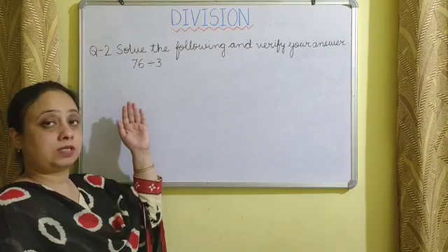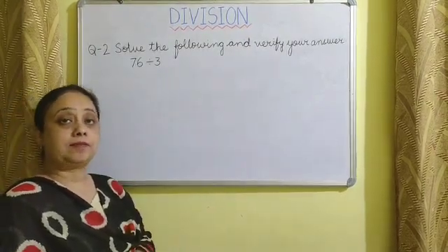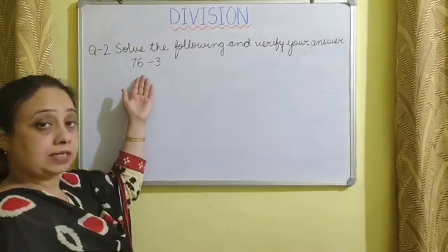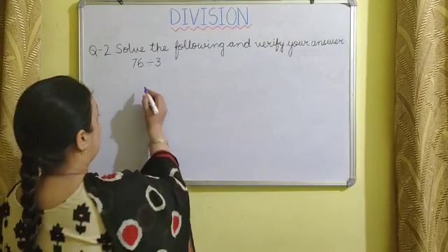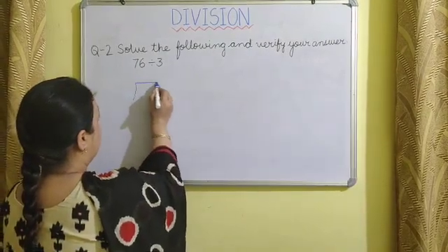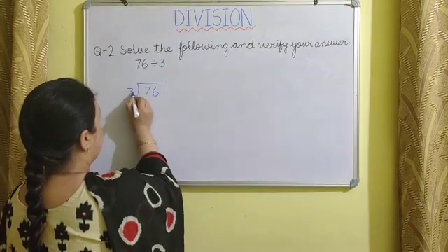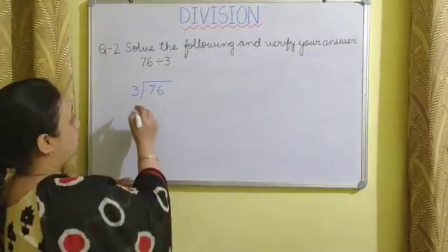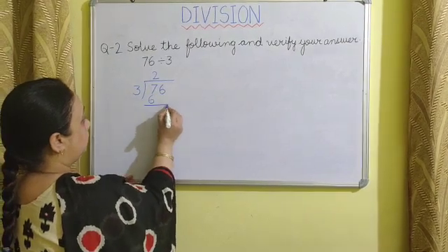Our next question is, solve the following and verify your answer. The number which you have to divide is 76, and you have to divide it by 3. So first we will divide 76, which is our dividend, by 3, which is our divisor. 3 2s are 6 here.